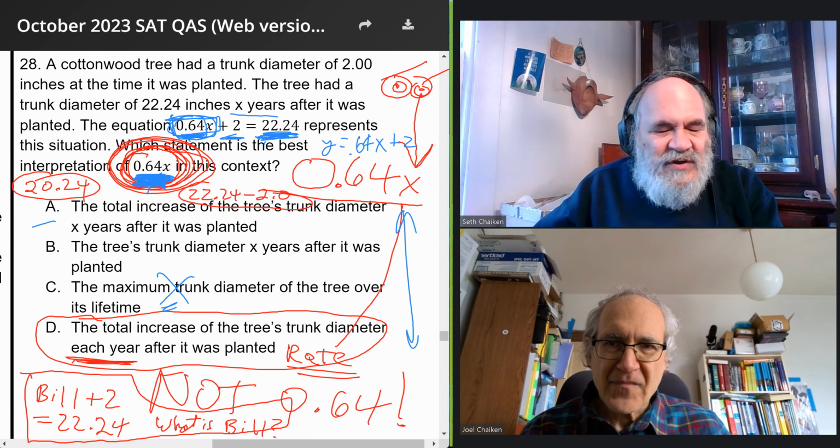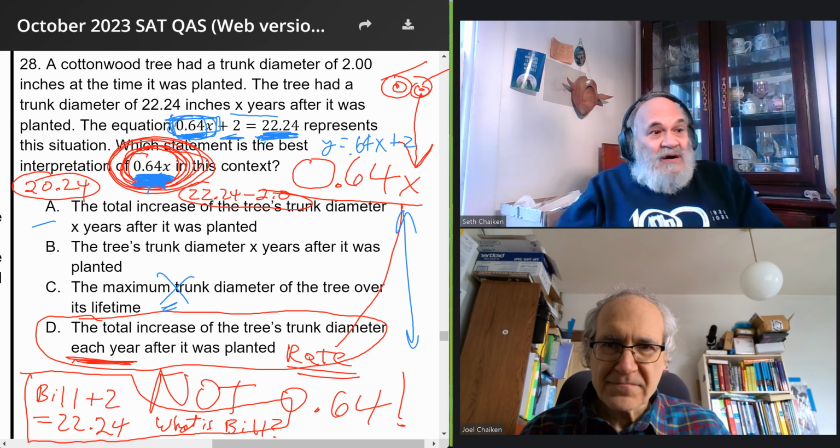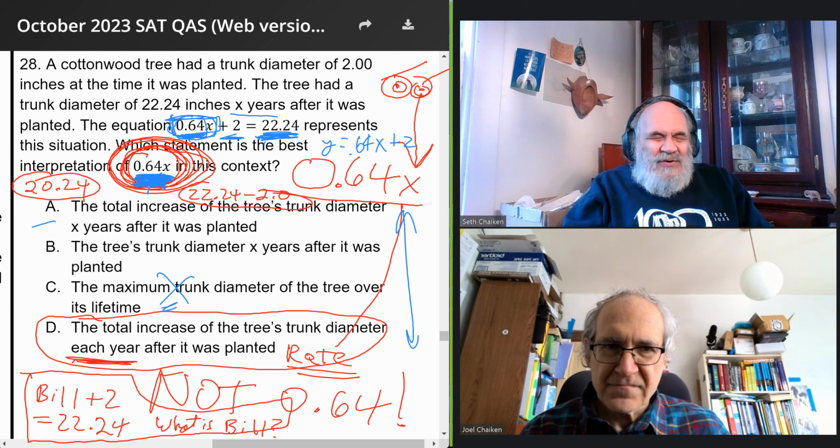And it's not apparent, or even clear, that there's any simple idea for it being true that the diameter of a tree increases linearly with time.